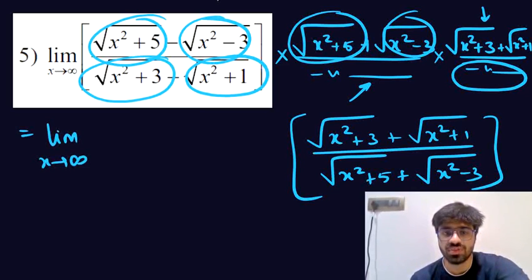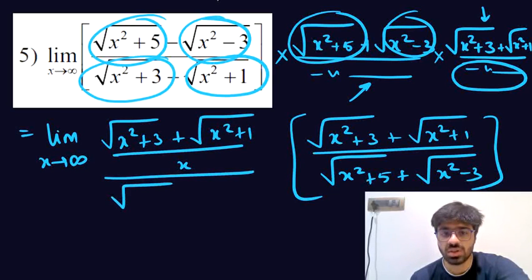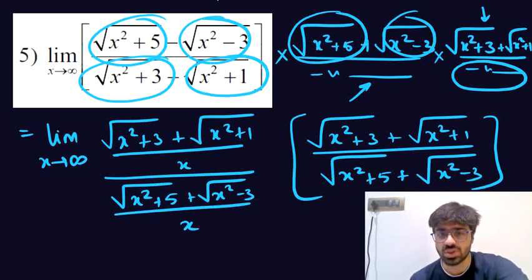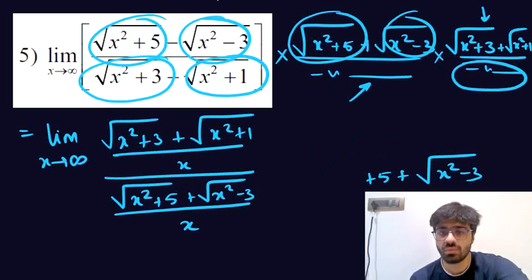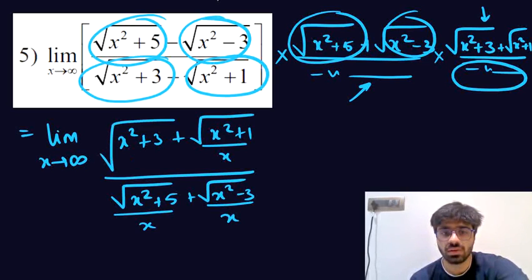Limit of x tends to infinity. In the numerator it is root over x square plus 3 plus root over x square plus 1, the whole divided by x, and in the denominator it is root over x square plus 5 plus root over x square minus 3, the whole divided by x. Separate that x in the numerator as well as denominator, and you can take that x inside the root as x square.